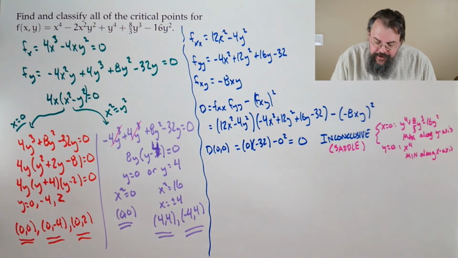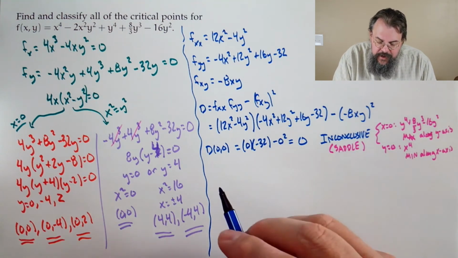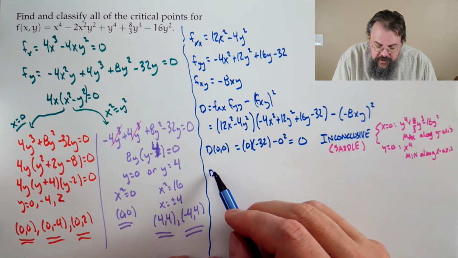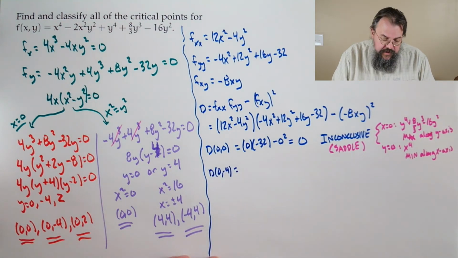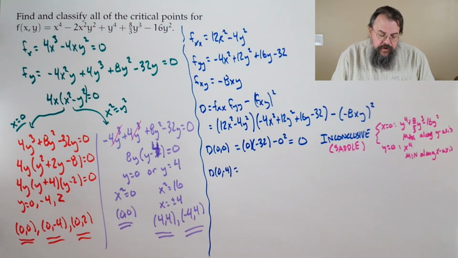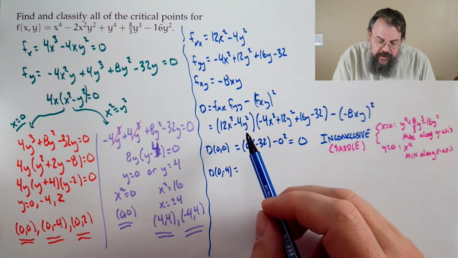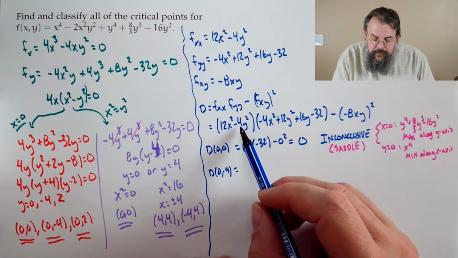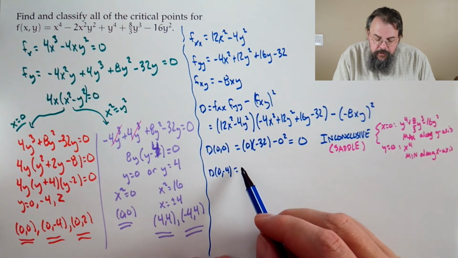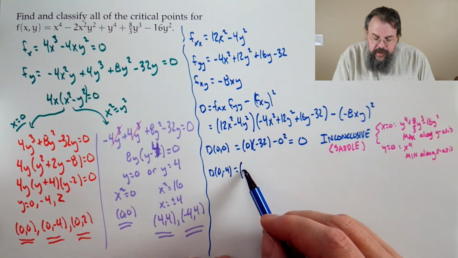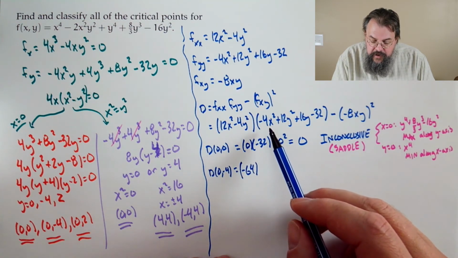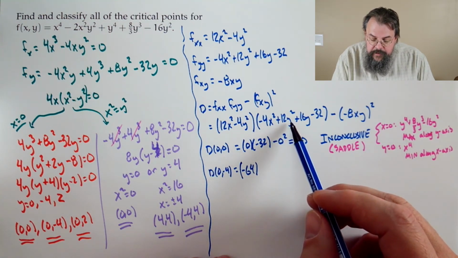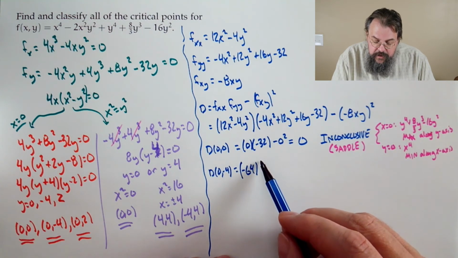Okay, so where were we? Oh, yeah, 0, negative 4. So just have to be careful here. Everywhere where we see x gets a 0 and y gets a negative 4. So negative 4 times 4 times 4. Wow, that's a negative 64. And here we're going to get a 0 for the first term. 12 times 16.